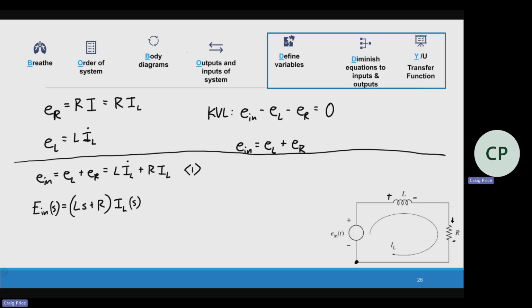So we have LS plus R. And now we can get our transfer function where output current over input voltage is equal to 1 over LS plus R. We have a first order transfer function relating voltage to current.